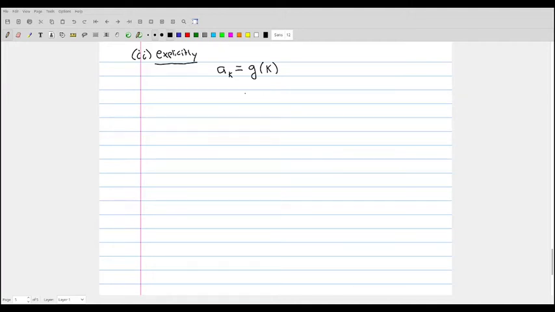And in which case, figuring out the limit of the sequence, or all possible limits, is the same thing as figuring out the limit of this function, g_k itself, as k goes to infinity.